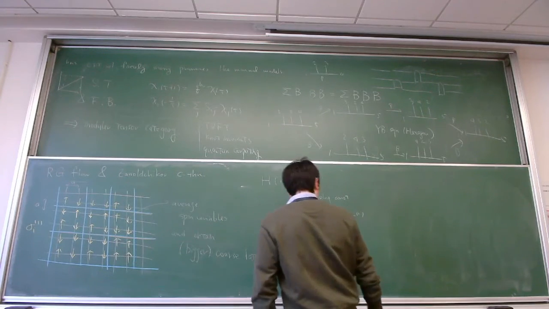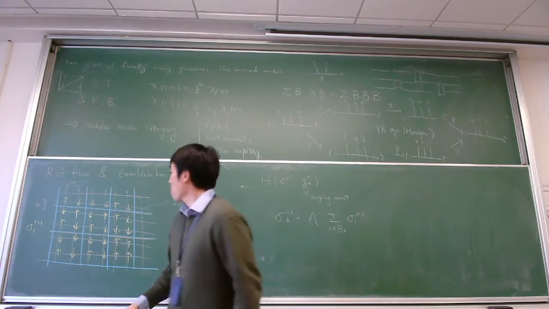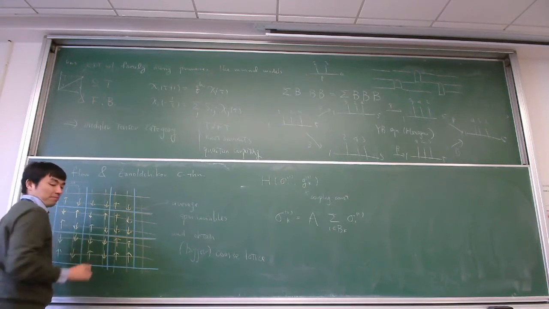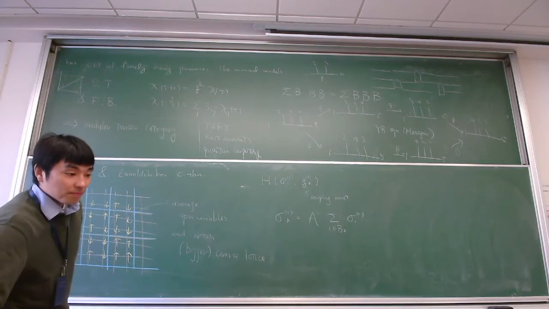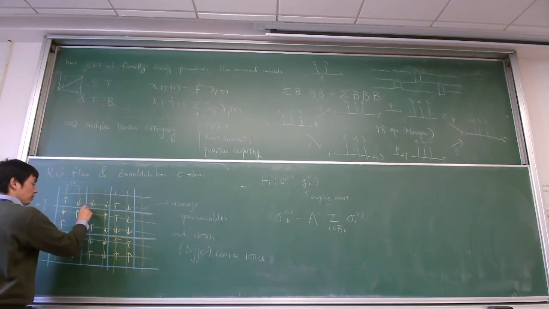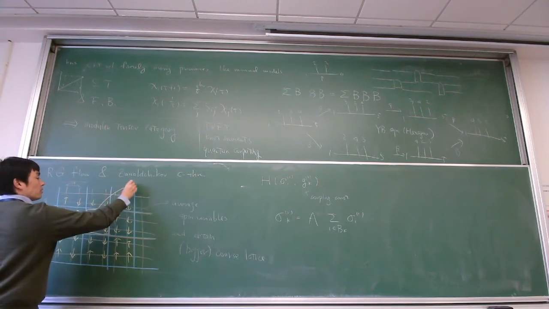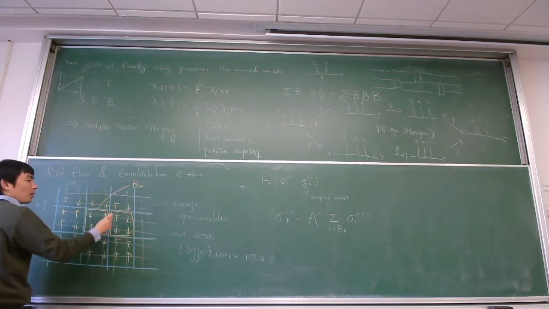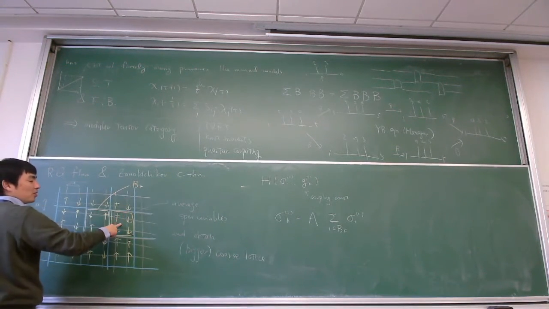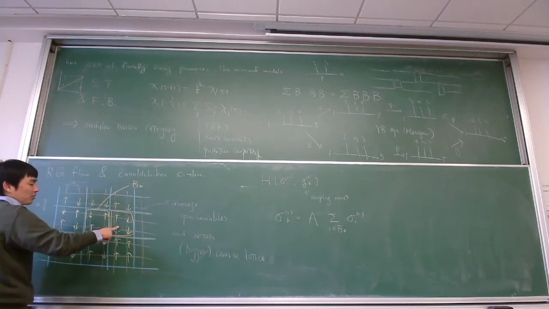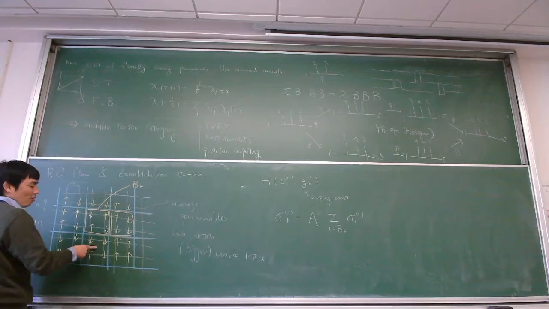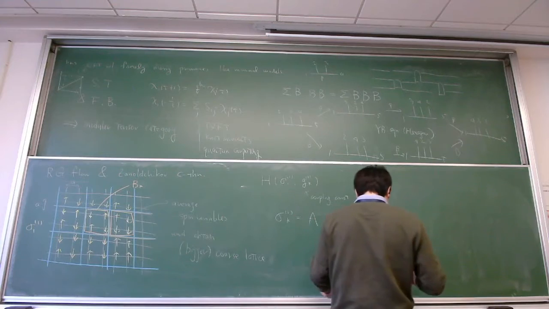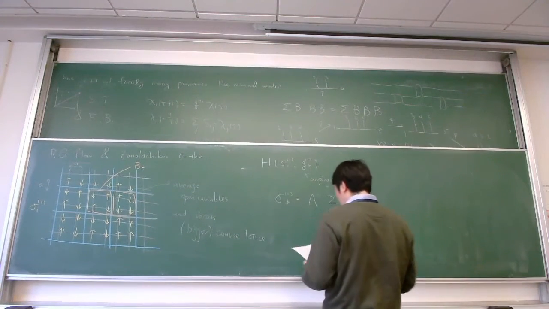So b_k is this box. k is just the position of the box: this is b1, b2, b3, b4, b5. A is some constant, a suitable normalization for the average.